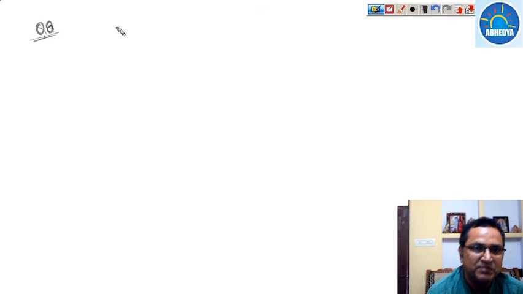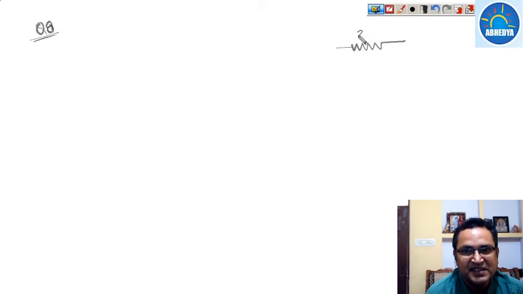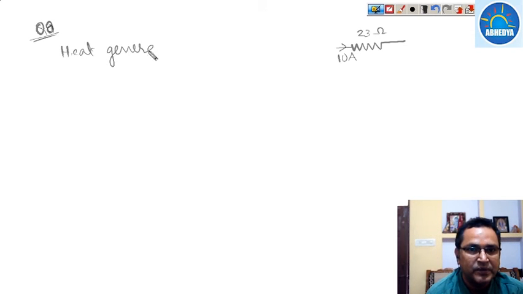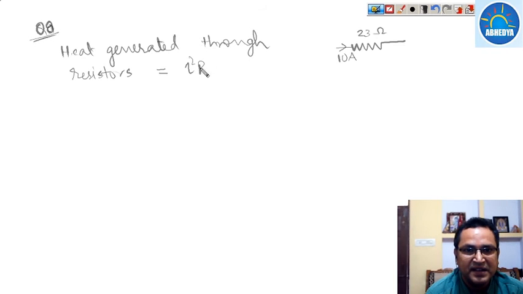This is the 8th problem. The figure is something like this. This is a resistor of 23 ohm and a 10 ampere current is flowing. So the heat generated through the resistor is equal to I square R. I square is 100 and R is 23.